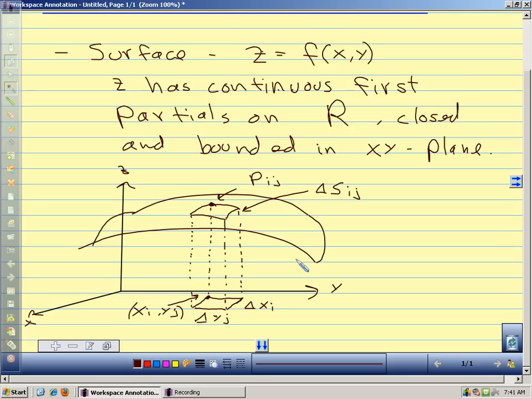Now we've talked about surface area in several different contexts this year so far. We talked about arc length, and arc length is related to surface area. We talked about arc length in the plane, with polar coordinates, and with parametric curves. We talked about surface area of surfaces of revolution.